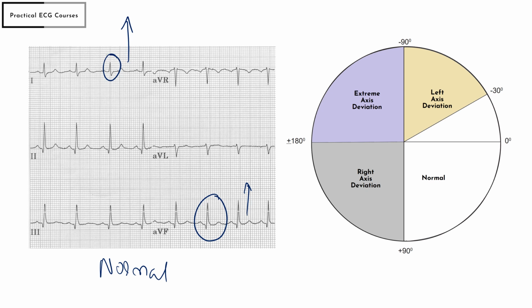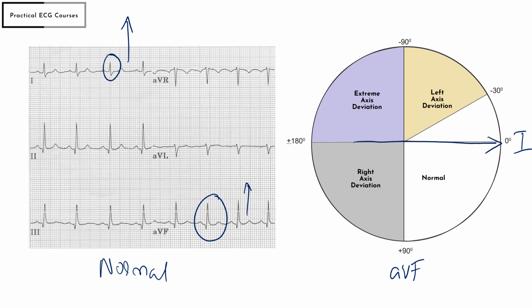So, remember what we said earlier. When a lead sees a vector as coming towards it, it documents it as a positive deflection on the ECG. And when the lead sees the vector as going away from it, it documents a negative. So in this case, you know that 1 is predominantly positive. So what does that mean? This is 1 and this is AVF. Lead 1 being predominantly positive means it is seeing the vector as coming towards it.